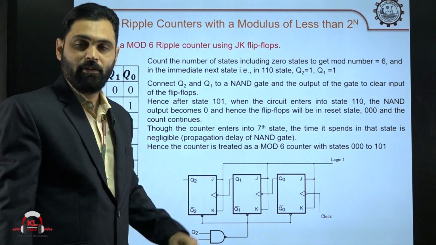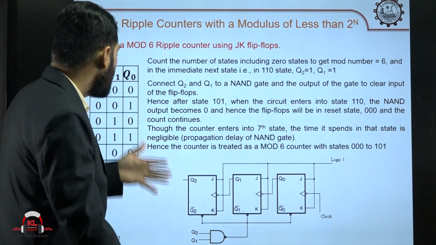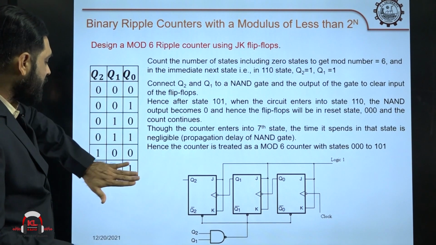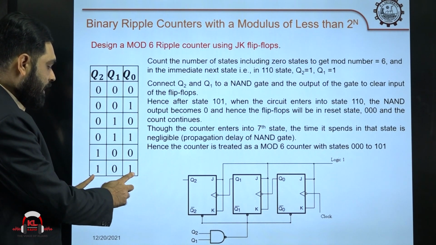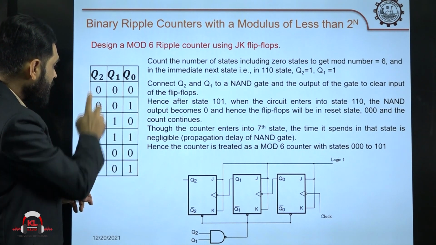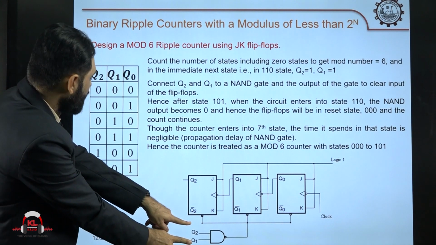The flip-flops will be cleared. Using this logic you can construct any counter. Suppose you want to construct a mod 5 counter, then you take the value 101, which means Q0 and Q2 are ones, and you connect here Q0 and Q2.